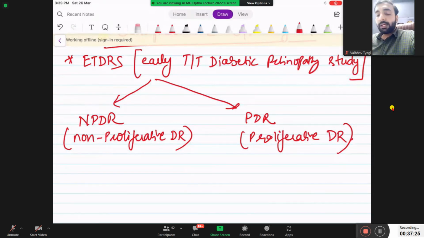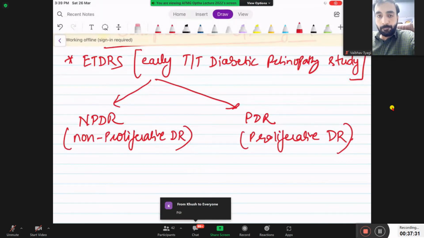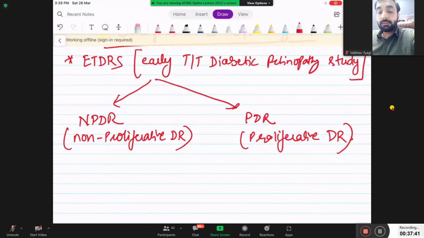So which is the more advanced form, NPDR or PDR? PDR, right? The stage in which proliferation has already started is your main concern, in which you have to intervene and start treatment.